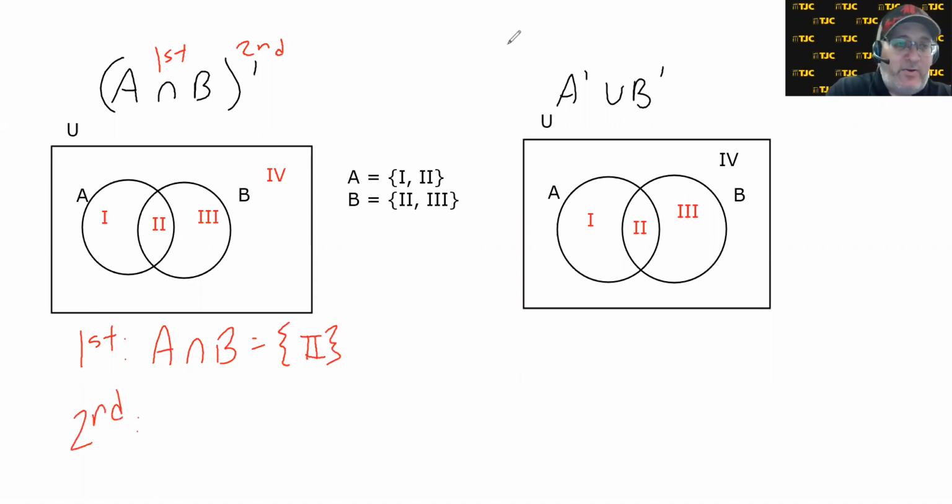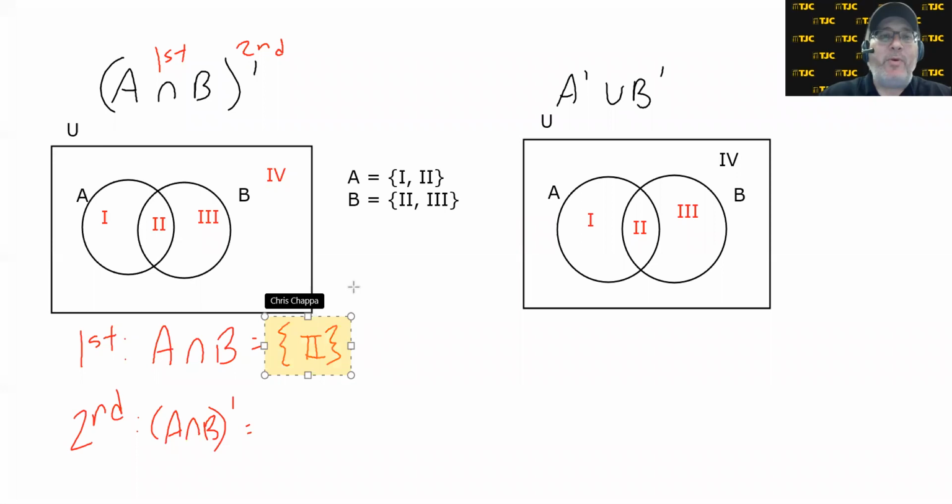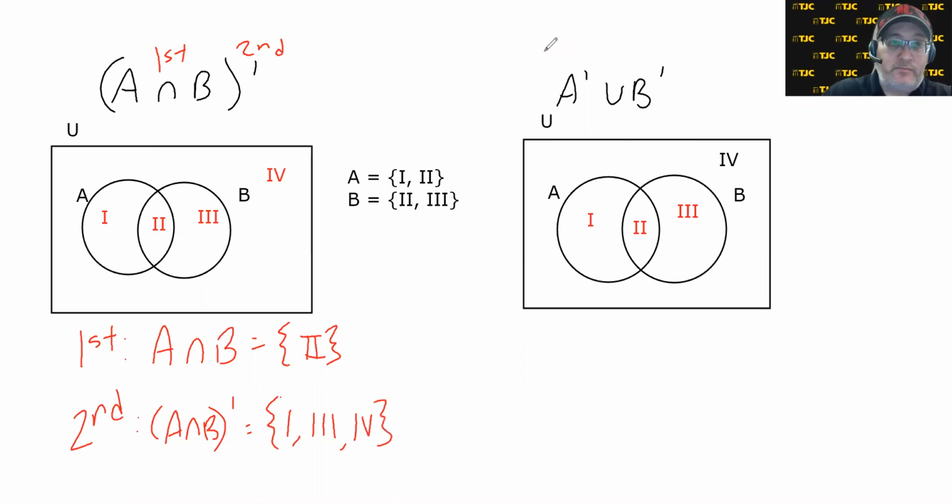For the second and final set operation over here, we're taking the complement of A intersect B, meaning that we want the complement of the set that we just found, meaning we want all the numbers in the universe that aren't 2. Well, this universe consists of the numbers 1, 2, 3, and 4. So the numbers that are outside of 2, but still in the universe, are 1, 3, and 4.